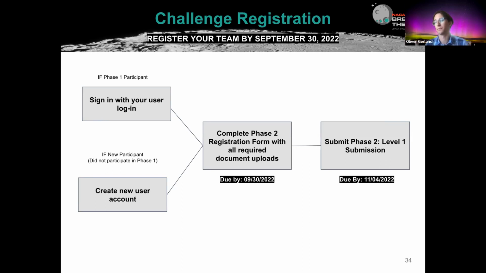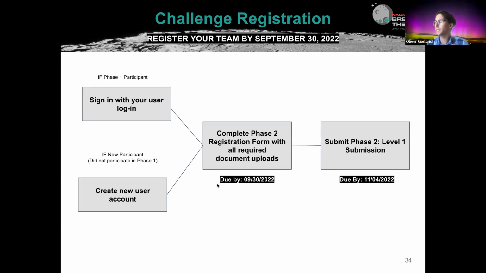So if you were a phase 1 participant, you already have a login and you can instantly access the phase 2 registration form. If you did not participate in phase 1, then of course you do not have a user account, so you'll need to create that first, and then you will be able to access the phase 2 registration form and the phase 2 level 1 submission.